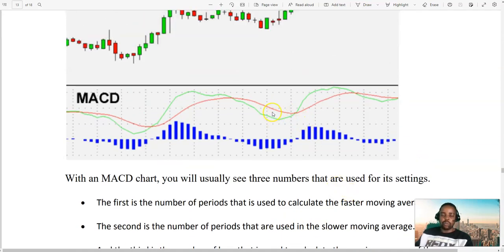So these are also moving averages, but packaged in a very unique way solely for the MACD indicator.